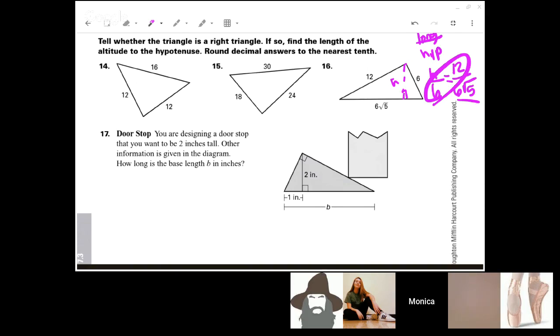No, we don't. Let's see, do you have your notes pages? Look at theorem 7.6.